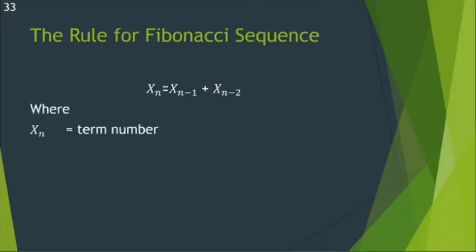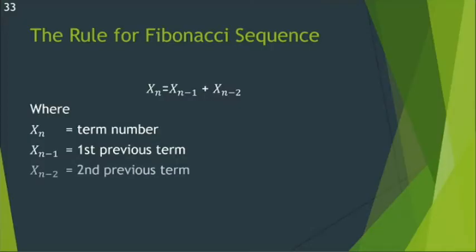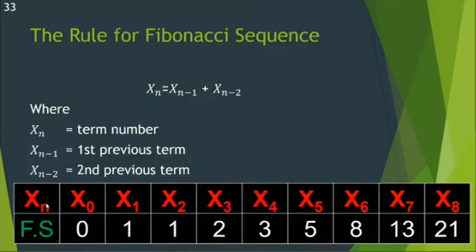Where your x sub n o yung term na hinahanap mo, okay, is yung sum ng x sub n minus 1 which is equal to sa first term na meron ka or yung unang number na unang gagamitin mo. Then yung x sub n minus 2 is actually pangalawang number na gagamitin mo.